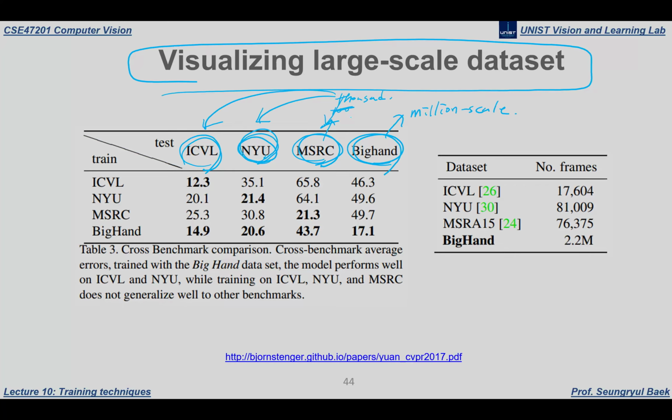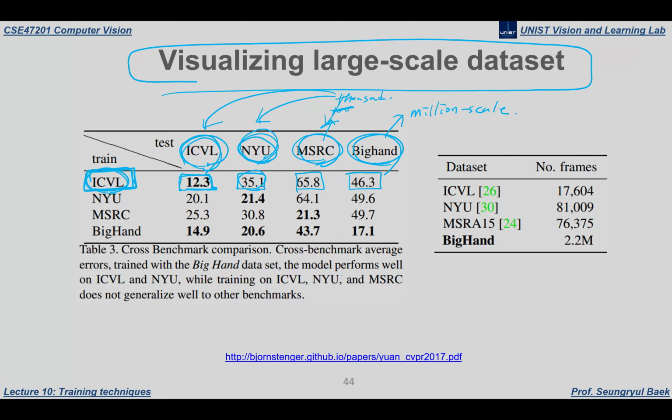The interesting thing is if we train using ICVL's training split and test on ICVL's testing split, in that benchmark the accuracy is best, okay? But when trained on this small scale data and tested on other types of benchmark, the error becomes higher.